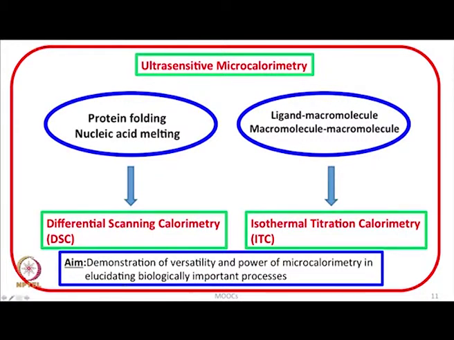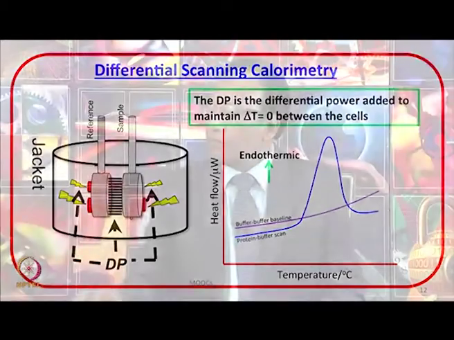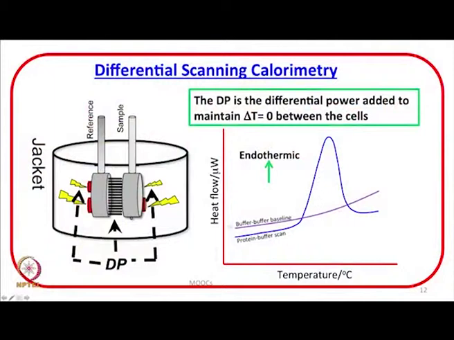The aim was demonstration of the versatility and power of microcalorimetry in elucidating biologically important processes. We discussed the principle of differential scanning calorimetry and its applications in the area of protein folding, pharmaceutical sciences, and many other areas.